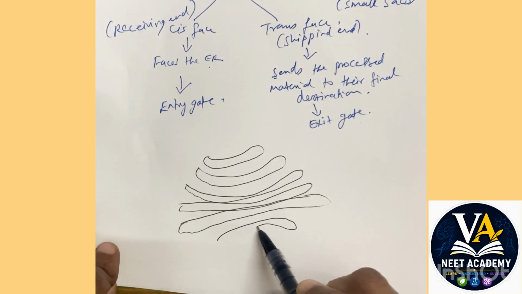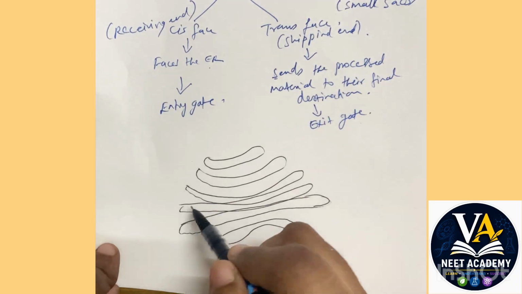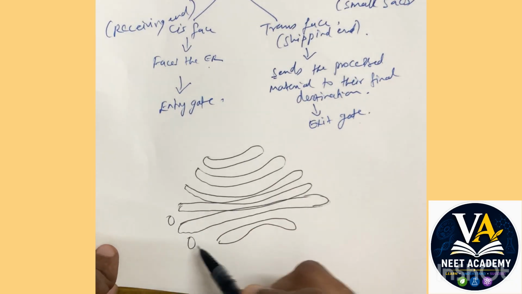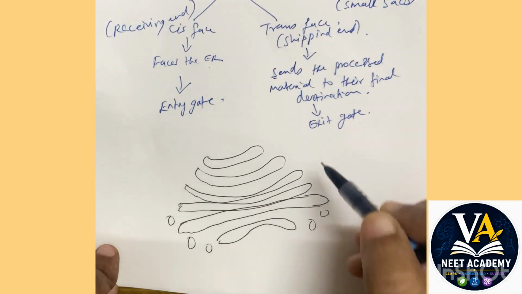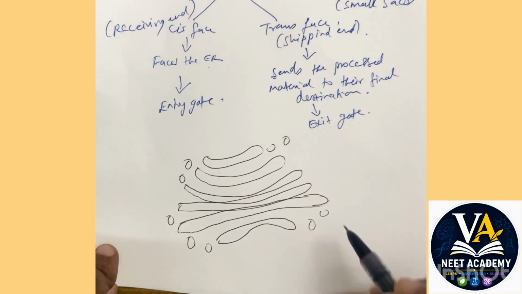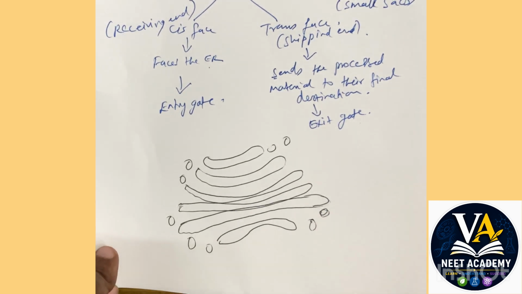So you can call this a cisternae. Apart from cisternae, it also has the vesicles formed here and there, which get secreted out from the cisternae.